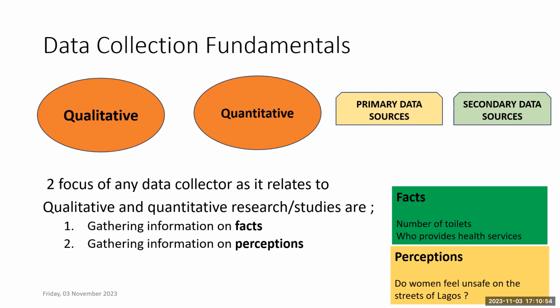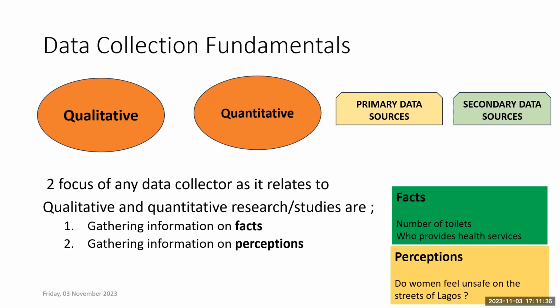The focus of the data collectors is that you are gathering information on facts, and you are gathering information on perceptions. Qualitative research deals with descriptions and characteristics, no measurements at all. That tells you that you are gathering information on perceptions, so you're looking at qualitative data.